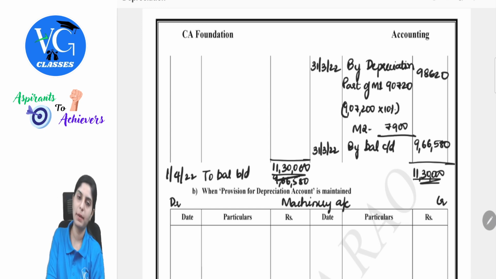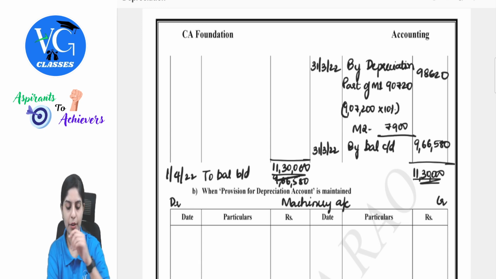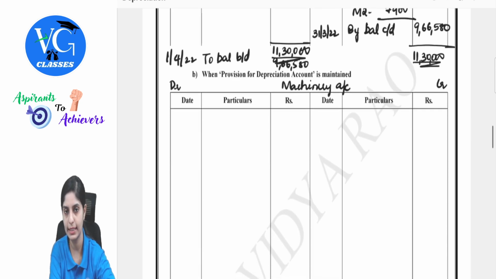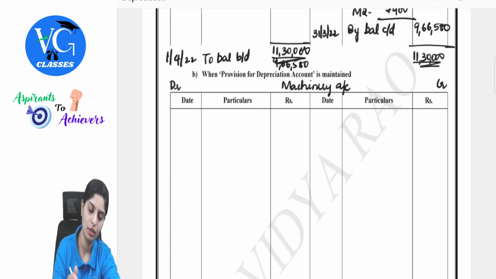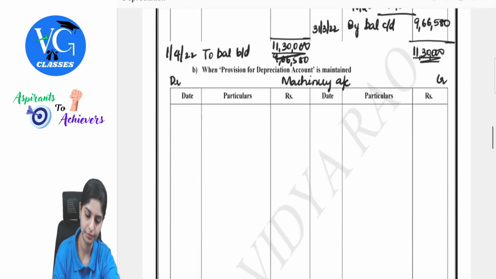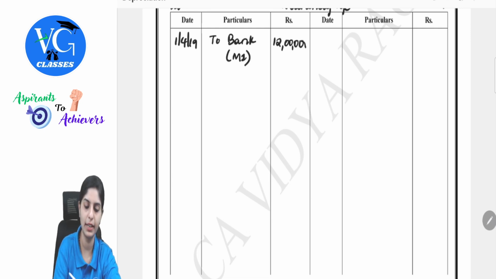So this was with respect to when provision for depreciation is not maintained. When provision for depreciation is maintained, the asset will be recorded at historical cost itself, and any treatment with respect to depreciation will be shown in provision for depreciation account. So similarly, let's record this transaction. 1st April 19 to bank, machinery 12 lakh.